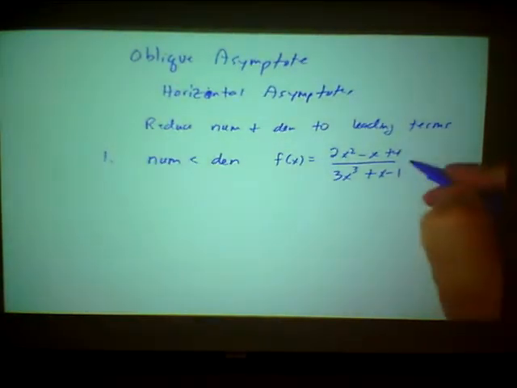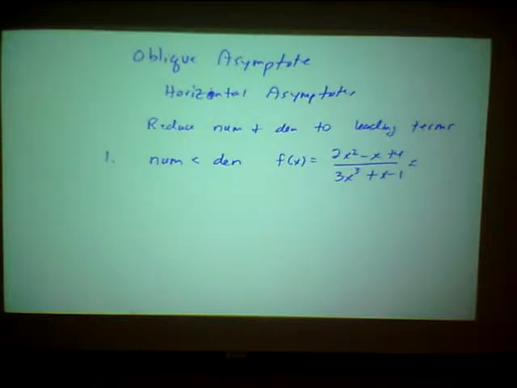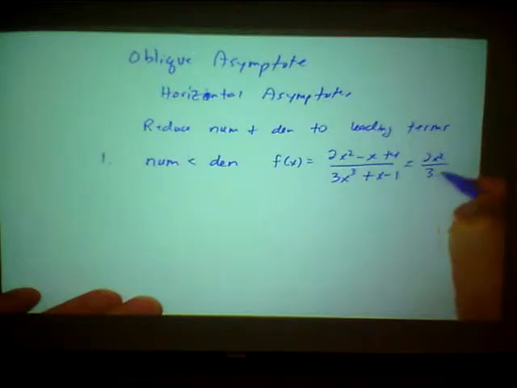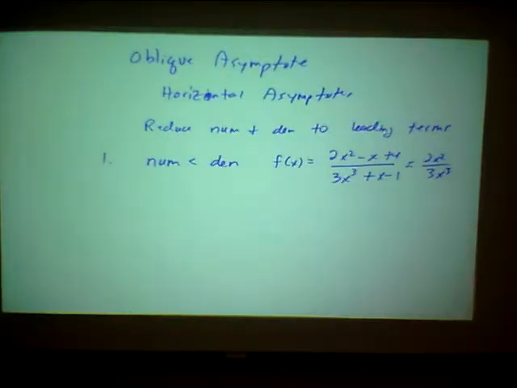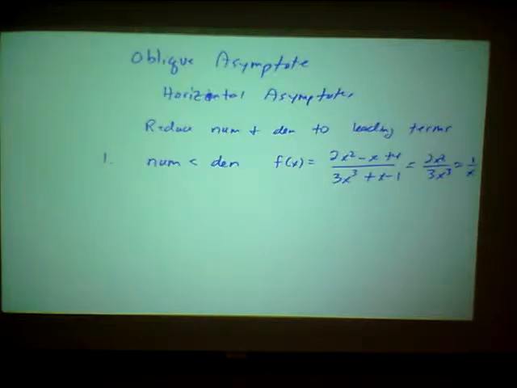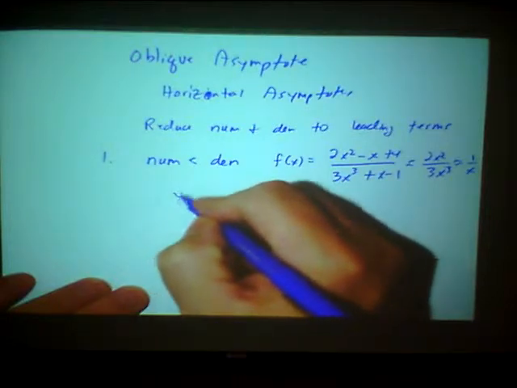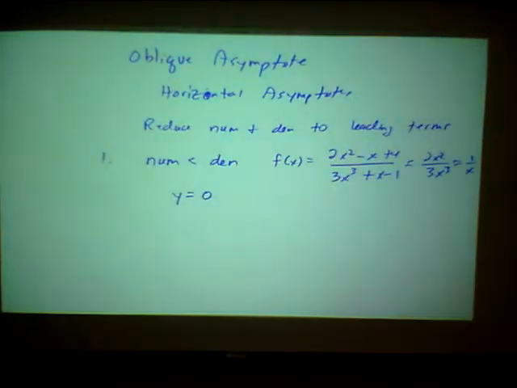By the time we toss out everything but the leading terms, basically all we're doing is comparing 2x squared over 3x cubed. And if we look at the variables, they cancel down to basically 1 over x. When x gets to be very large, f of x will approach 0. So for this one, the horizontal asymptote is y equals 0. And we talked about this in class. Whenever the numerator is less than the denominator, the asymptote is y equals 0.